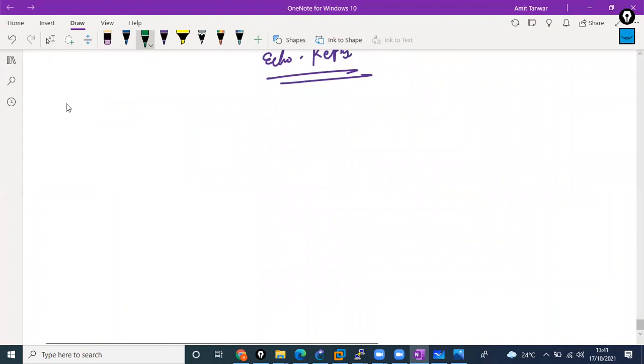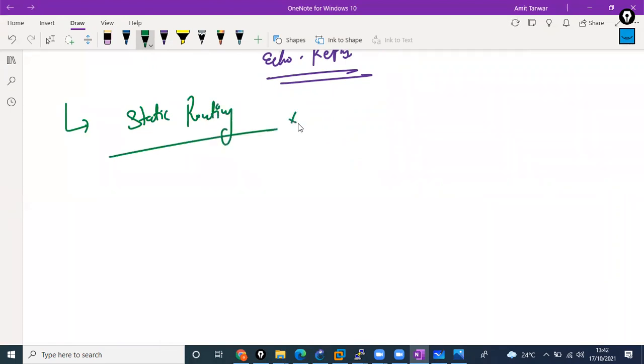So the concept is static routing with next hop, and in this one, we have learned about recursive route lookup.